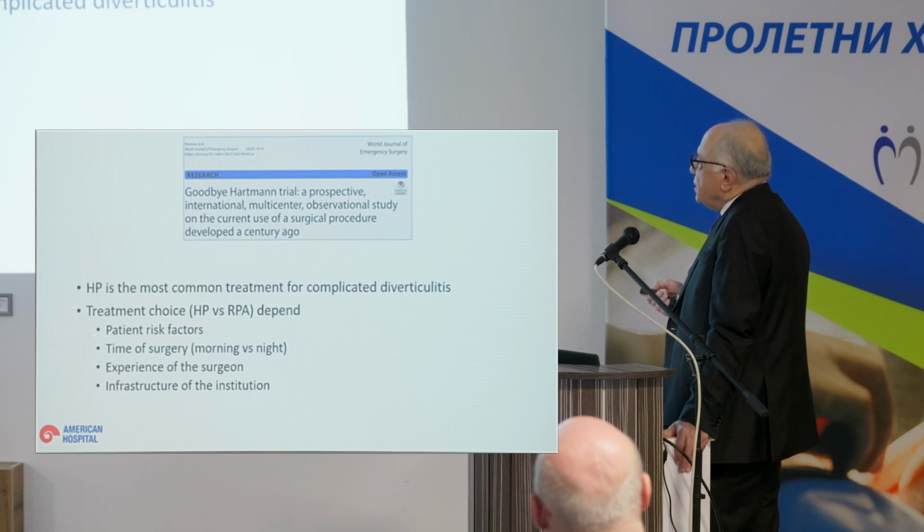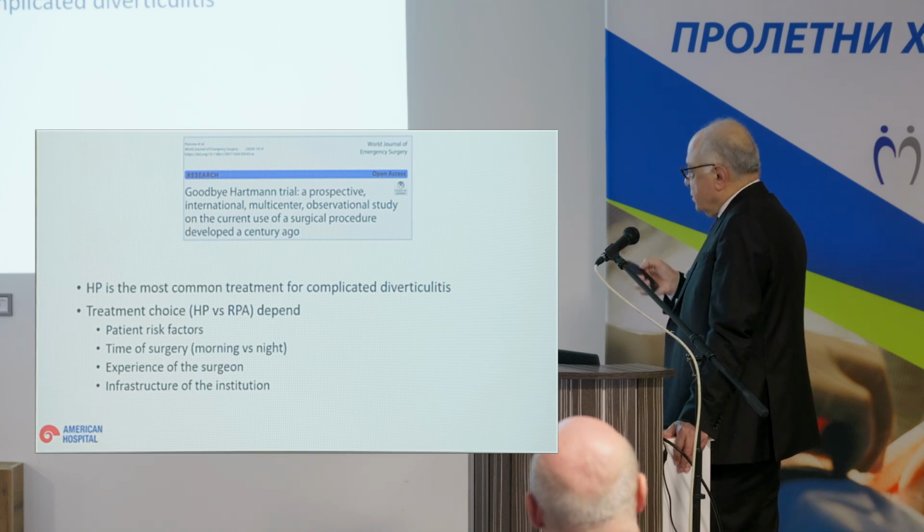We should take into account the patient risk factors, time of the surgery, morning or during night shifts. We should look at the experience of the surgeon and also the infrastructure of the institution. If all these risk factors are low and you can go for resection with primary anastomosis, it is the procedure of choice.